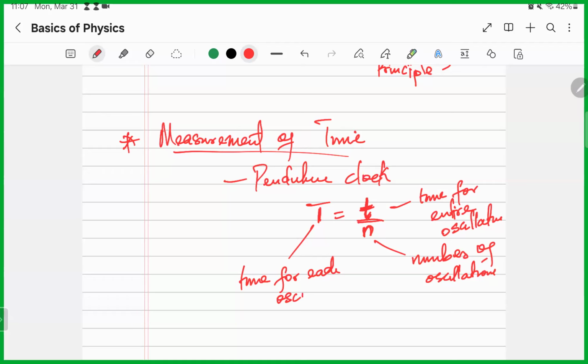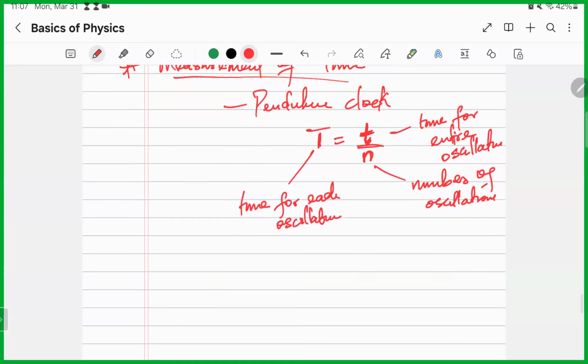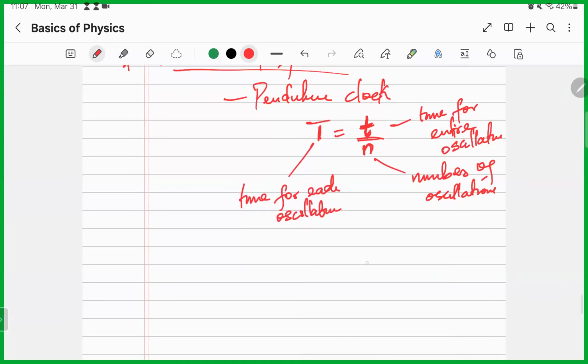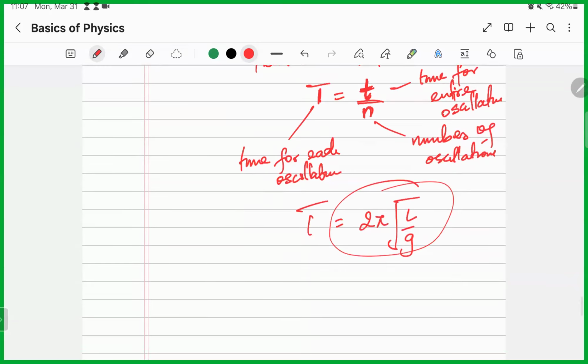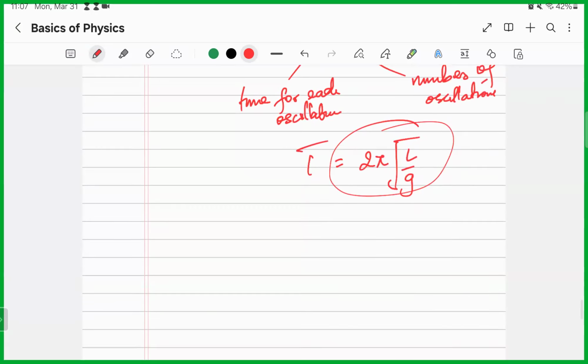When you have a lot of things, you now divide by the number. It's just like an average. Time for each oscillation. So when we go further into physics, you'll discover that this relates to something like 2 pi over something, you just keep this as theory. I don't want to bother you a lot. The same period relates to this. But that's the principle on which the pendulum clock works.